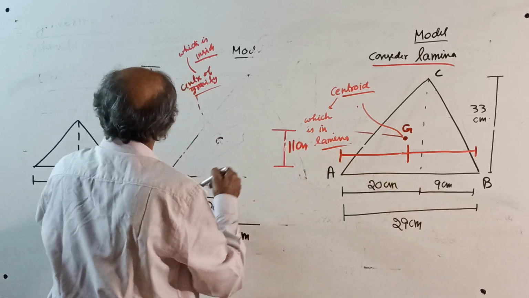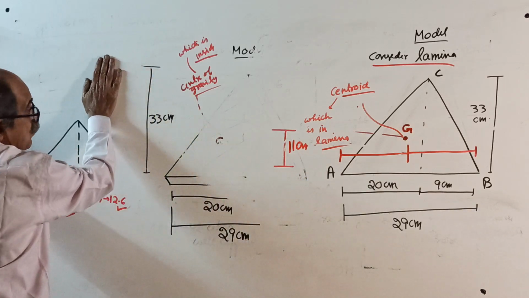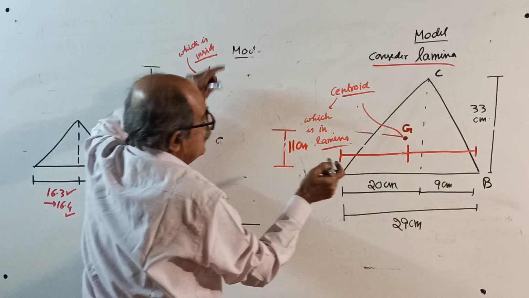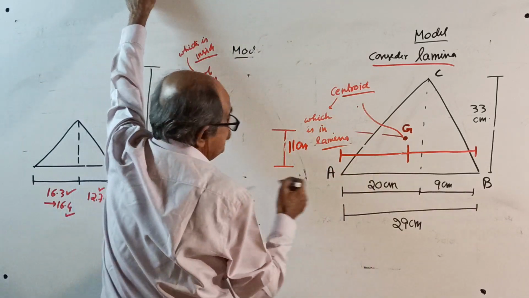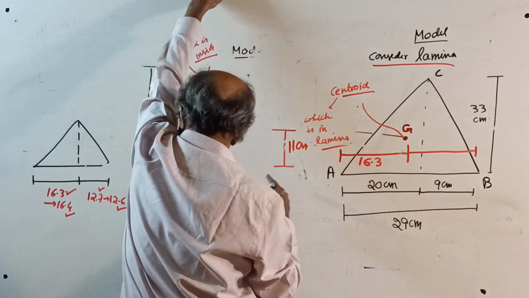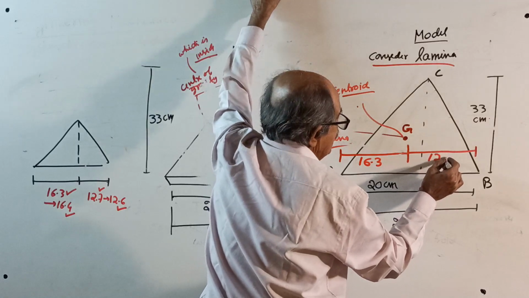Okay. Therefore, I will tell now. See, what I will do is I will put here 16.3, that is 12.7.